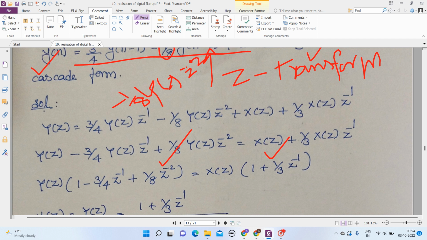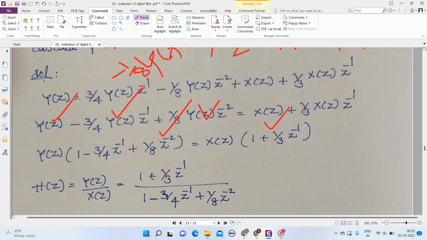Thereafter we have to take the common term y of z outside. This is a second degree polynomial equation. Here we have to take x of z as a common term outside.